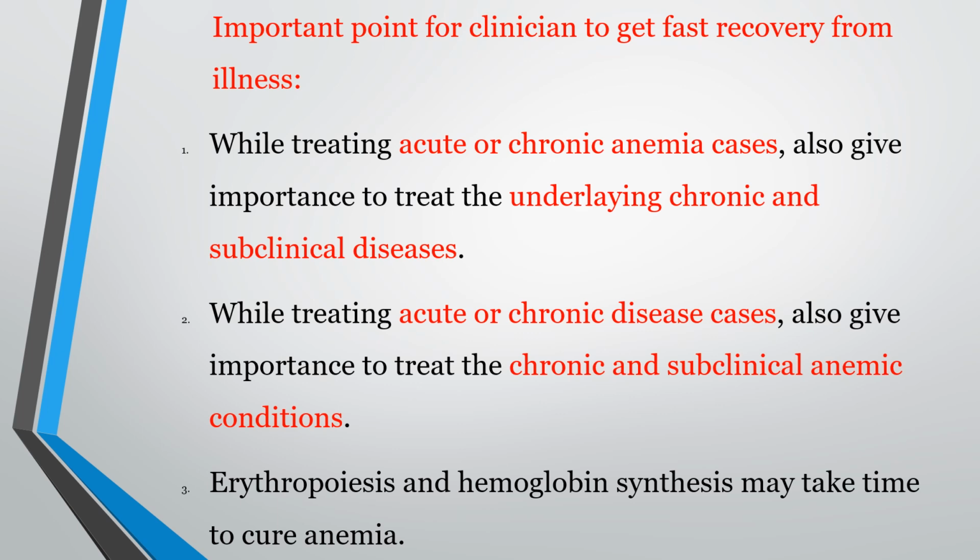Also give importance to treating the underlying chronic and subclinical disease. Most of the diseases, most of the abnormalities in the body cause anemia. That is one point. Second point is that while treating acute or chronic disease cases, also give importance to treating the chronic and subclinical anemic condition that is created by this disease.